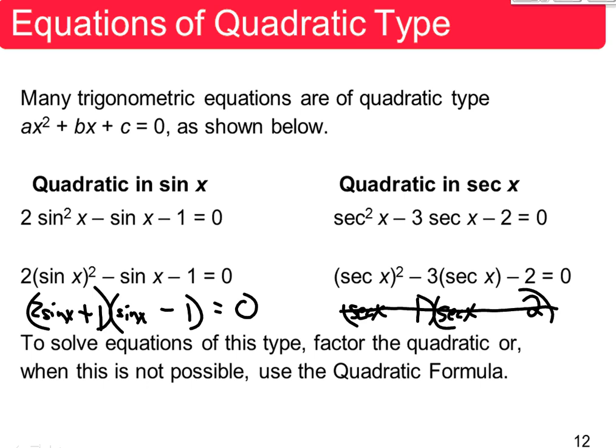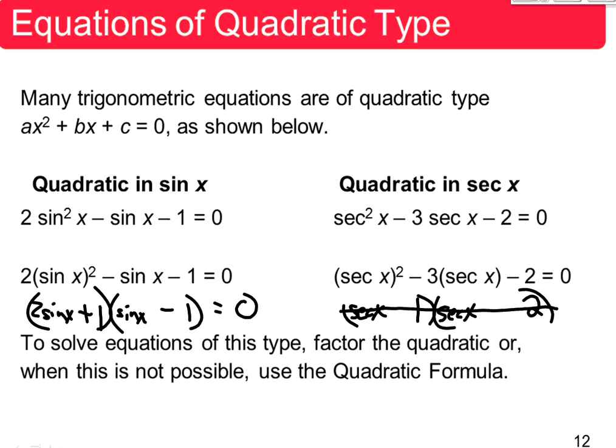So if we have 2 sine squared x minus sine x minus 1, that can be factored into 2 sine x plus 1 and sine x minus 1. When you refoil that out, you'll get 2 sine squared x. The outside will be minus 2 sine x and then plus 1 sine x, so we'll get that middle term of minus sine x, and then the minus 1 at the end.